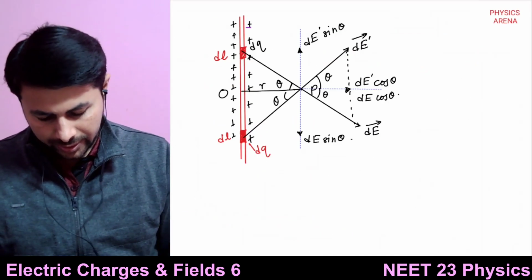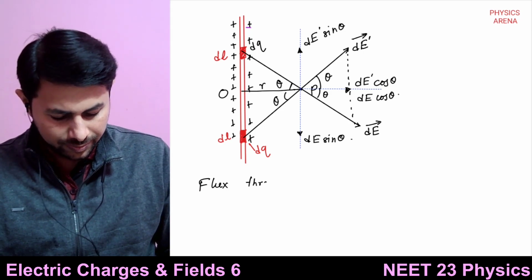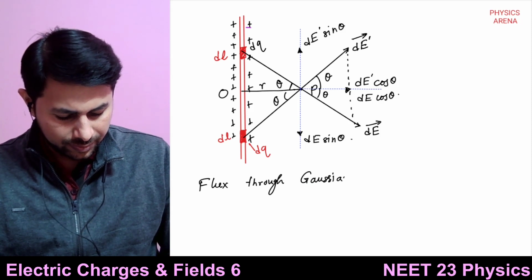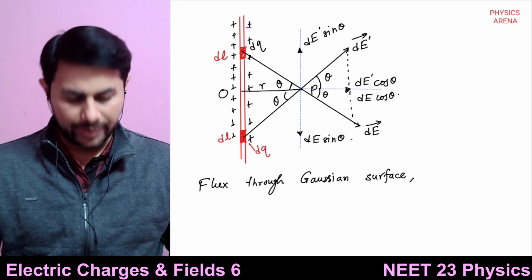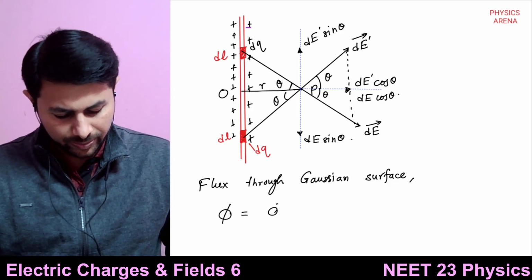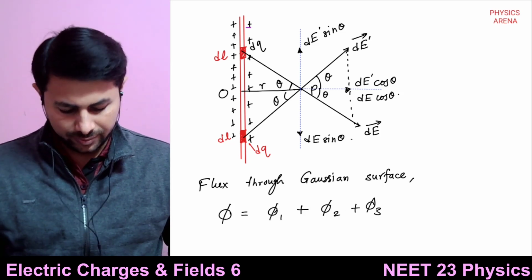Now let's find out the flux through the Gaussian surface. Let's call it phi. So it is equal to phi 1 plus phi 2 plus phi 3.